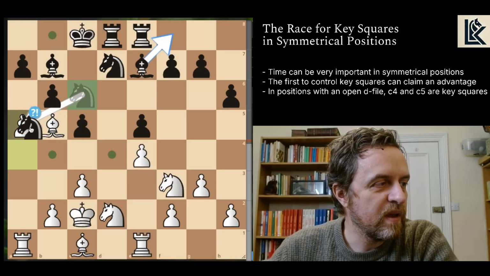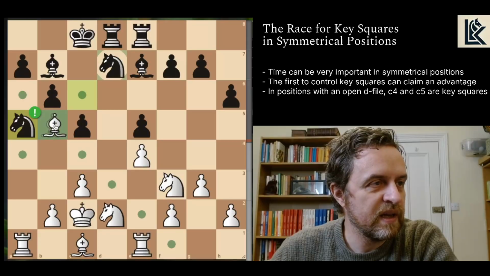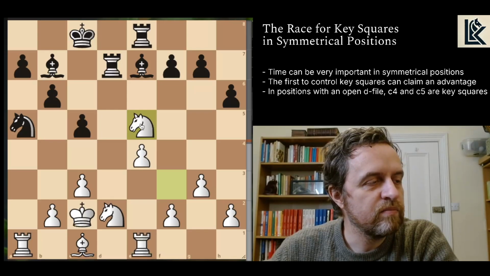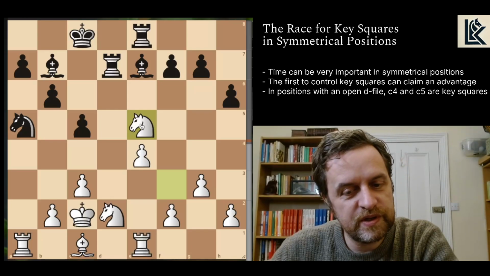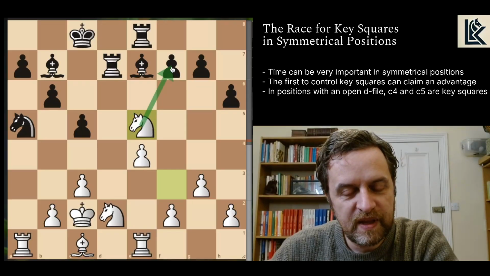So the correct move here is to take it, and then I will go takes, takes, takes, and now I had kind of stopped calculating here, and I think Joe did too, because we could both see that I'm going to win the F pawn, and seems like my position is great.